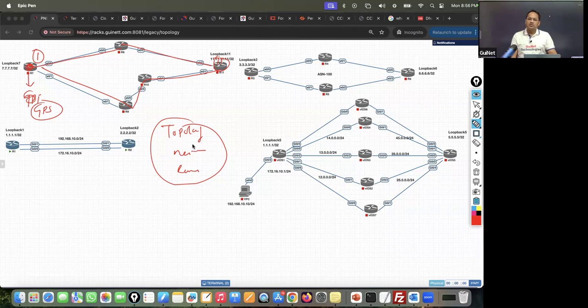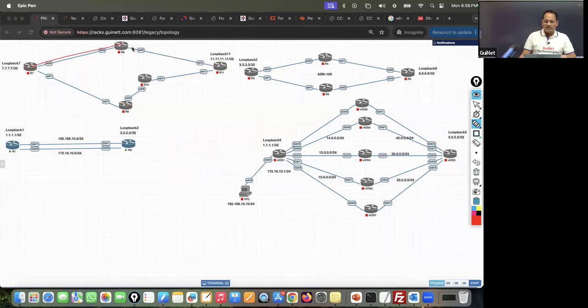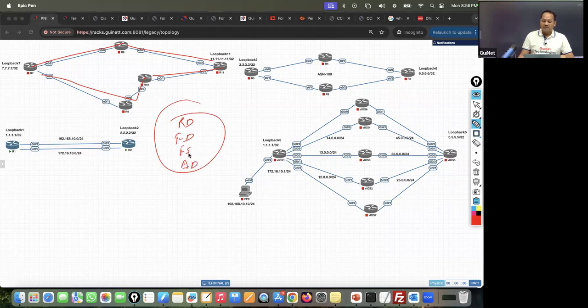In EIGRP also it is the same case. But some of the time they leverage the distance vector protocol. So whatever path they select as the best path, they use a concept like the DUAL algorithm, and they calculate the best loop-free path, the fastest path, and they use some additional concepts such as RD, reported distance, feasible distance, feasible successor, which we'll discuss later, and advertised distance.